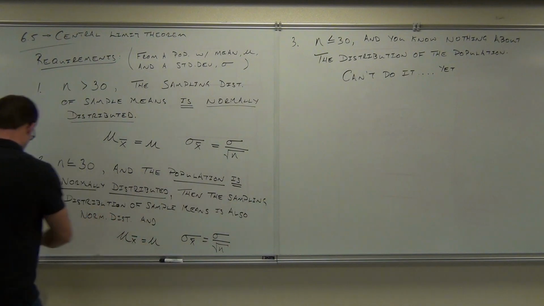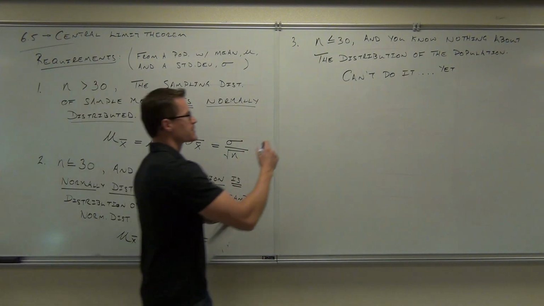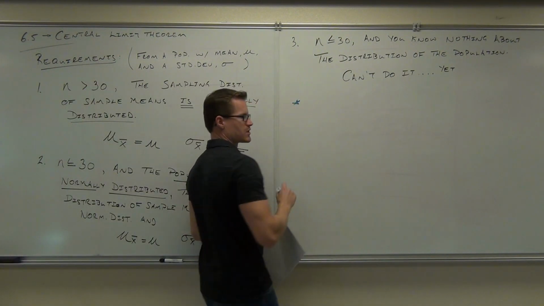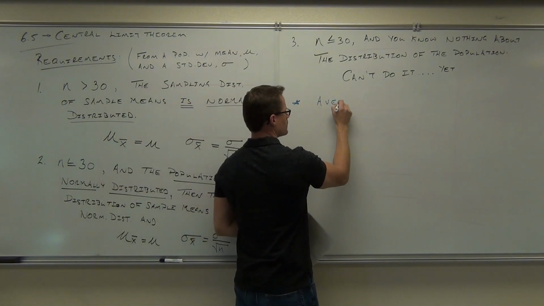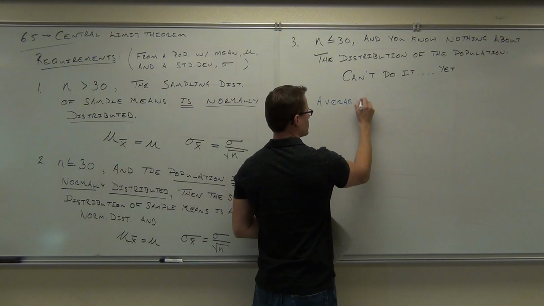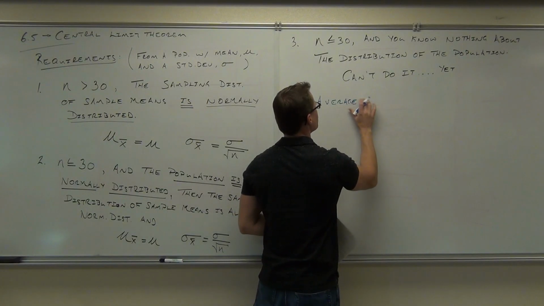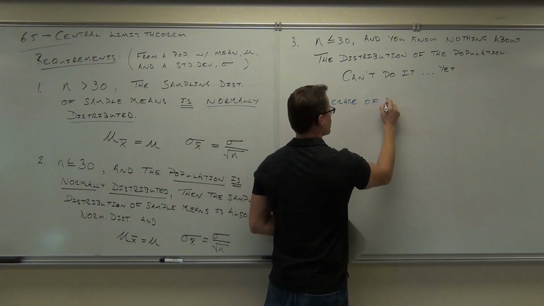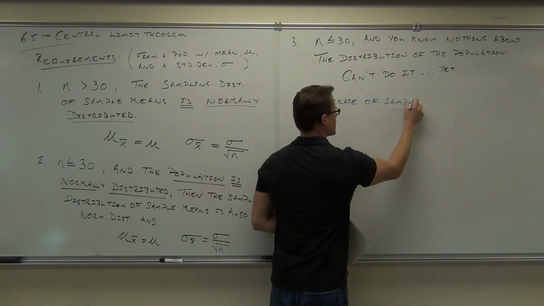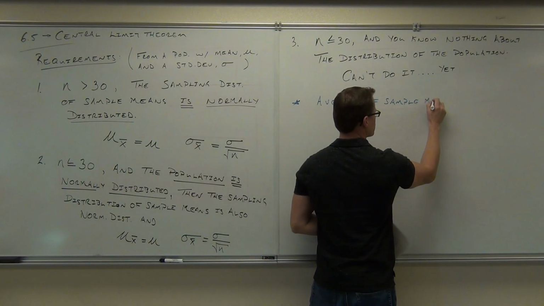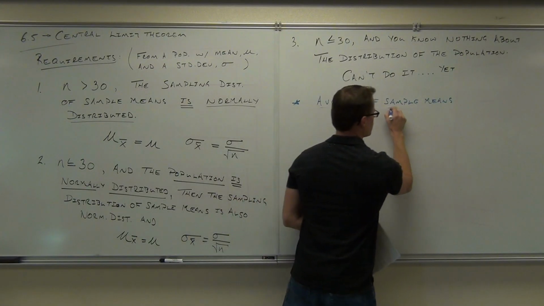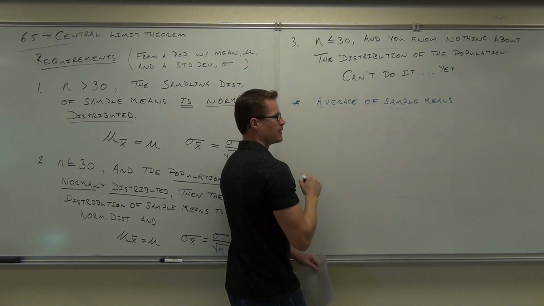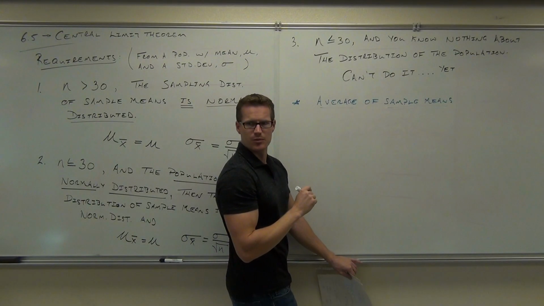Just a couple little notes on the notation. This right here, just so you can read through this again and kind of understand what we're doing. The average of sample means. Sample mean, what was the symbol for sample mean that we had?